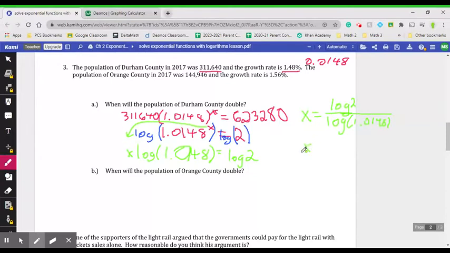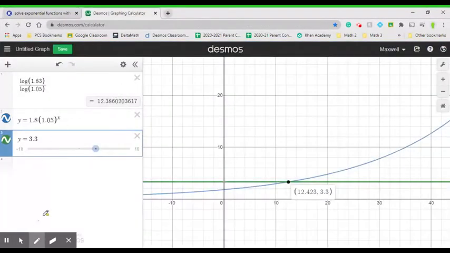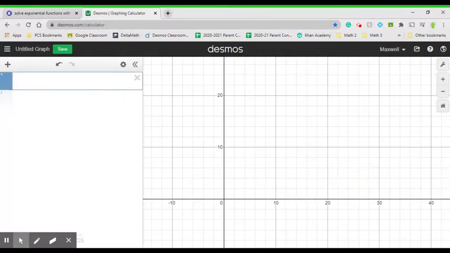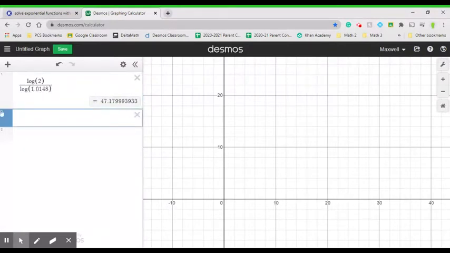And so we can use Desmos to figure out the answer there. We have the log of 2 divided by the log of 1.0148. And you can see that it would take a little over 47 years.